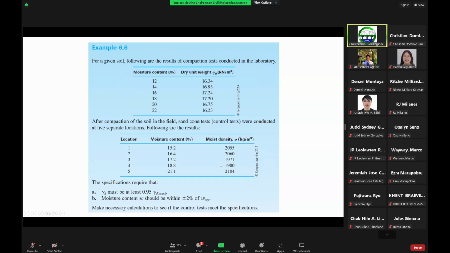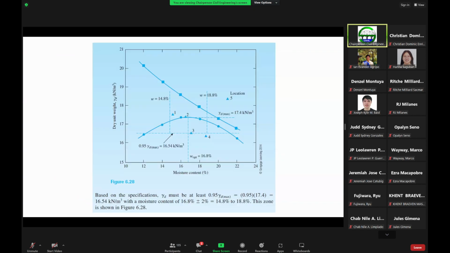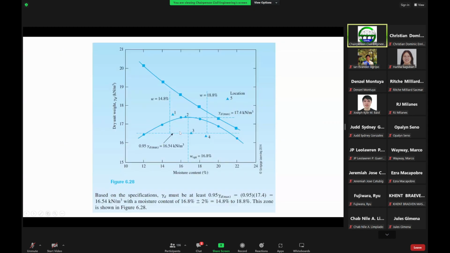You have the corresponding dry unit weights derived from here, then you have the corresponding moisture contents. So we plot each one here. This is the plot for point one. That's above the 95% and it's within plus minus 2%. So location one is okay.